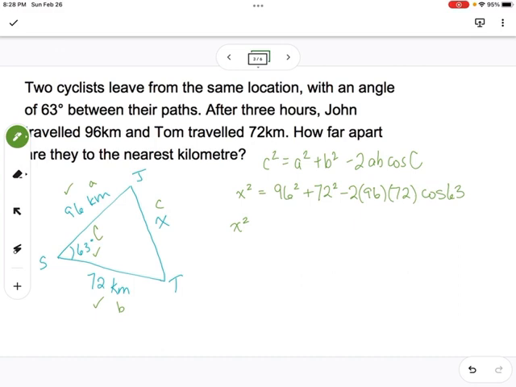Reminder that in some of your calculators, you'll be able to put all of this step together. I'm going to be going step by step here. So 96 squared, 72 squared, and then I'm going to put 63 cos times 2 times 96 times 72.